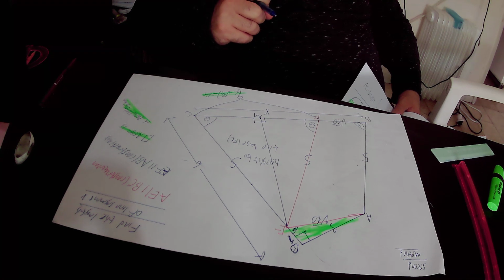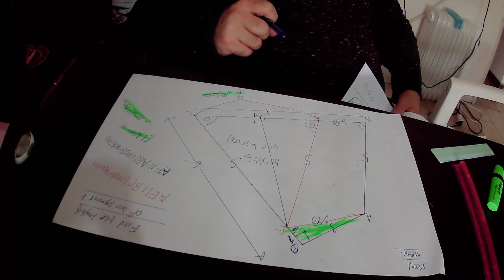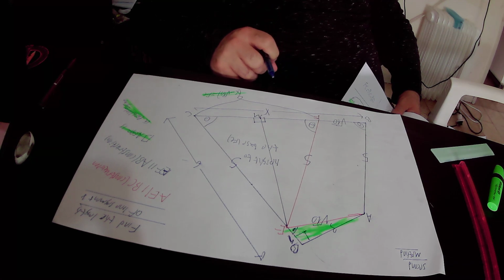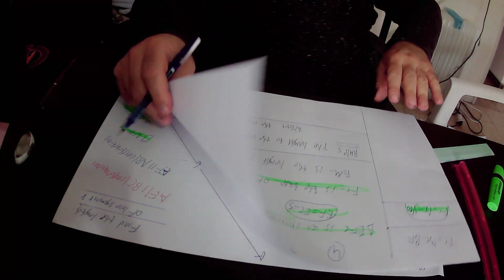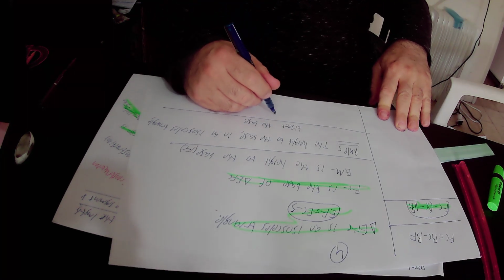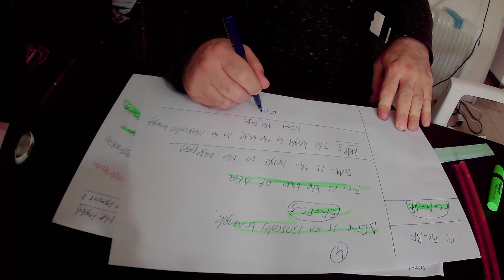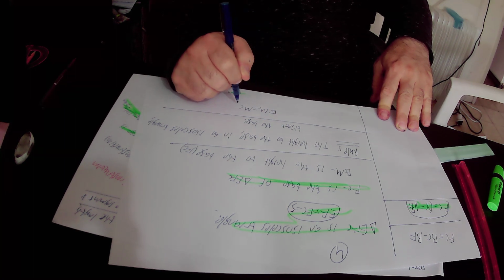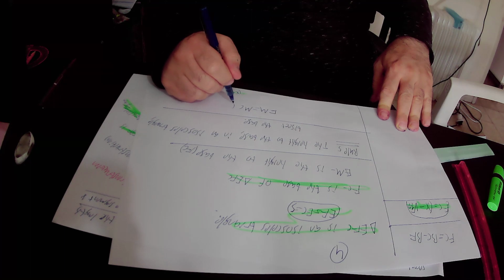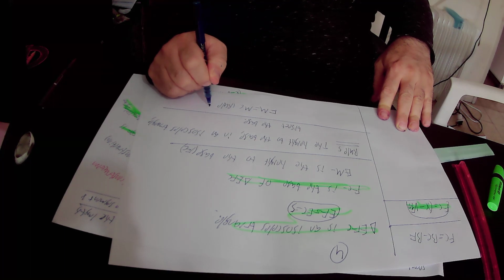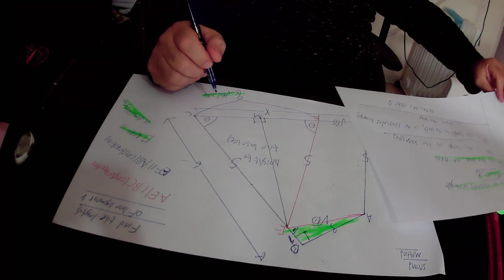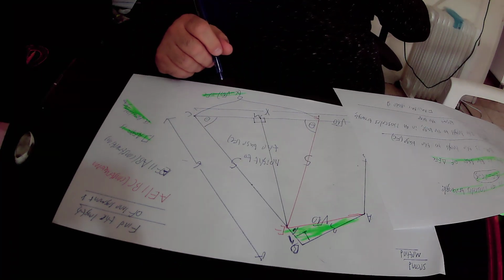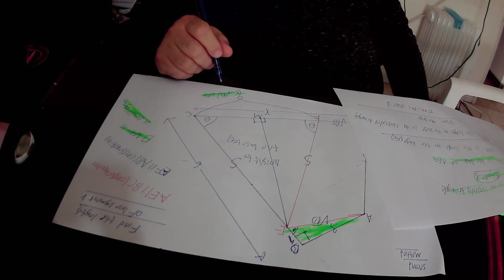So according to rule number 5, FM equals MC. According to rule number 5, of course. The height to the base in an isosceles triangle bisects the base. What is the meaning?